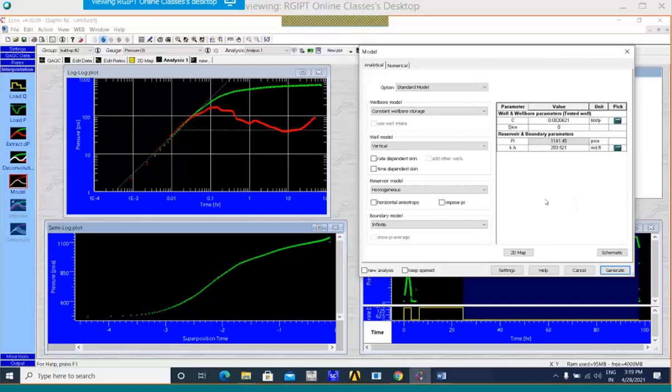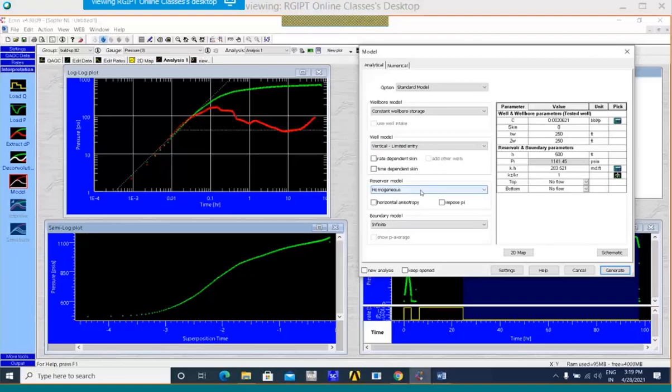So I'm going with the basic one, that we have a constant wellbore storage. Then the well could be considered, because it was showing the spherical flow, the first guess says, let us take the vertical limited entry well. So I have chosen the limited entry well.